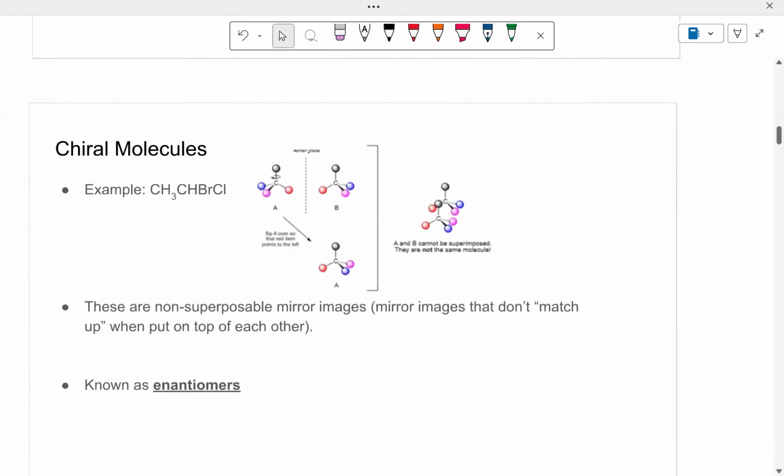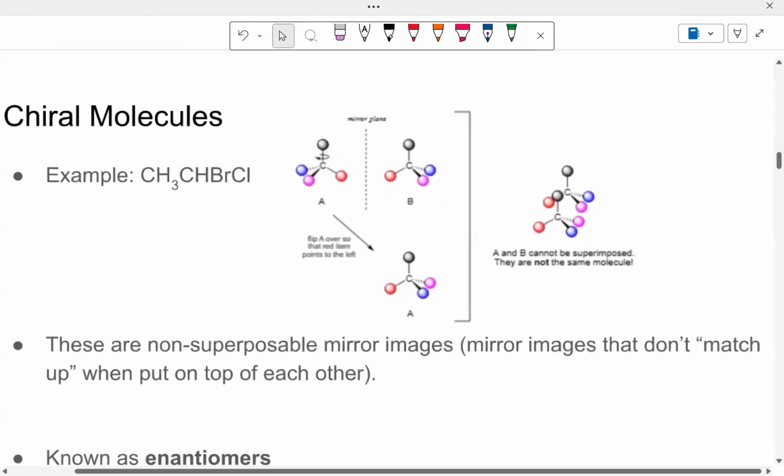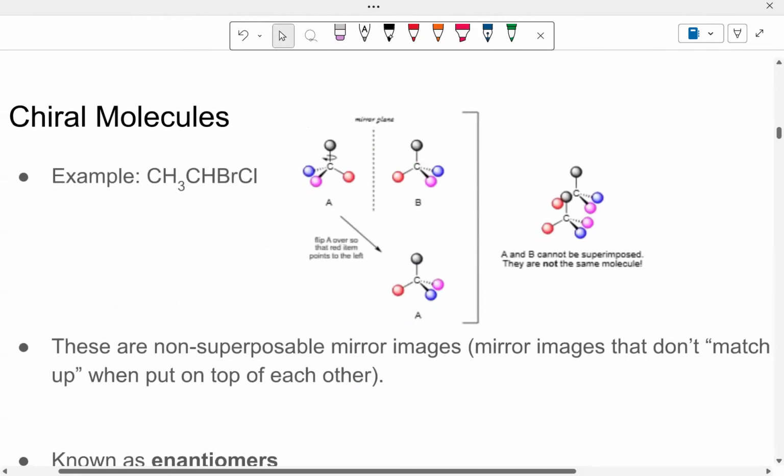So let's again start applying this to molecules. Now this will go to the hand example that I did on the previous page. We're going to look at this compound here, CH3CHBrCl. And I want you to look at the diagram on the right. So let's call this the CH3. We'll call the red one hydrogen, the purple one here bromine, the blue one here chlorine.